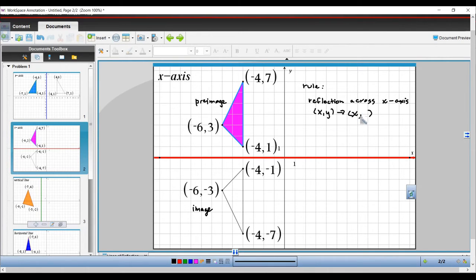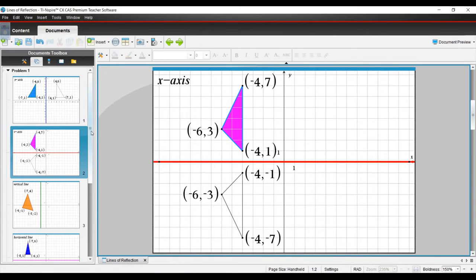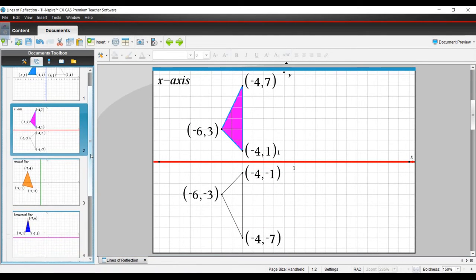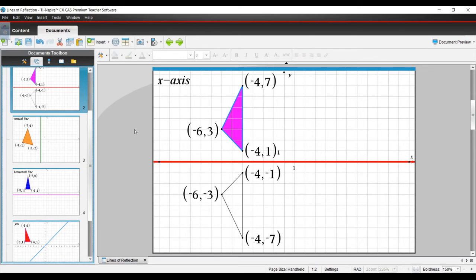And now it's the y values that are the opposite. The x values are the same and the y values are the opposite. That's what happens when you reflect over the x-axis. All right. Okay. So those two were covered in a previous video, but if you didn't watch the previous video, guess what? You know it now.